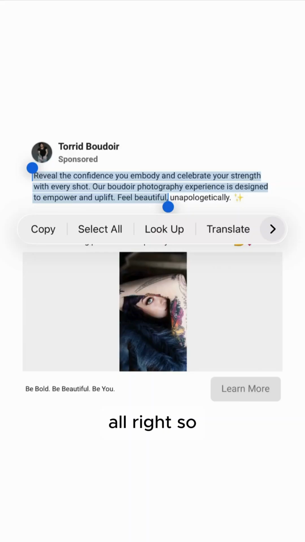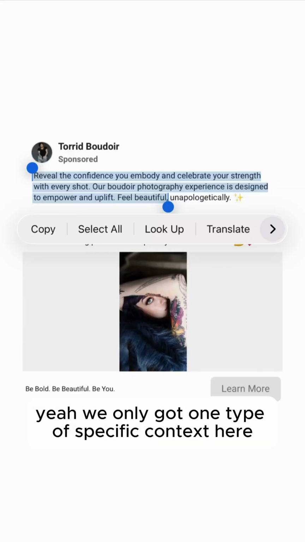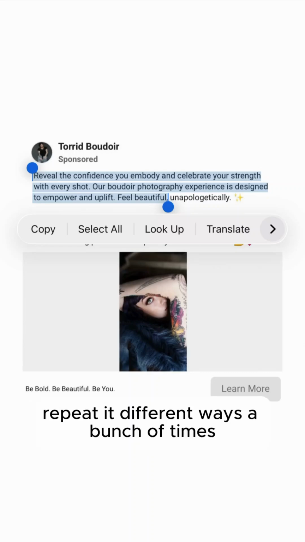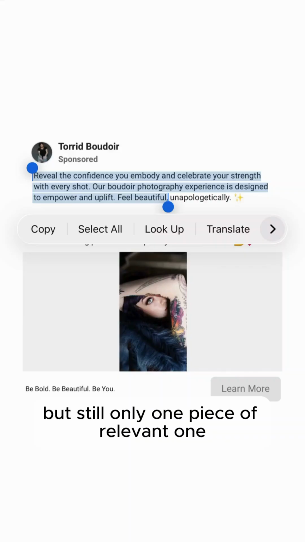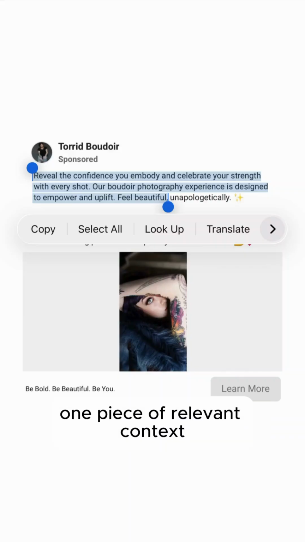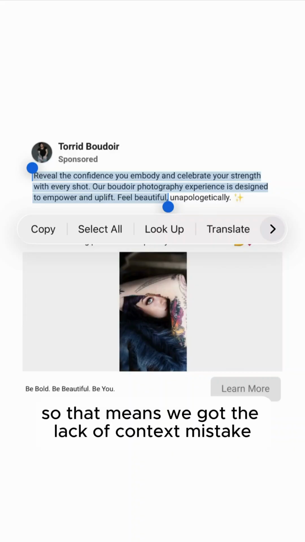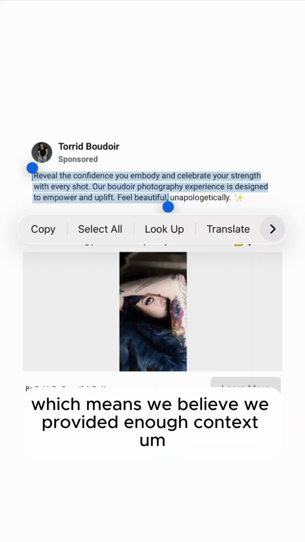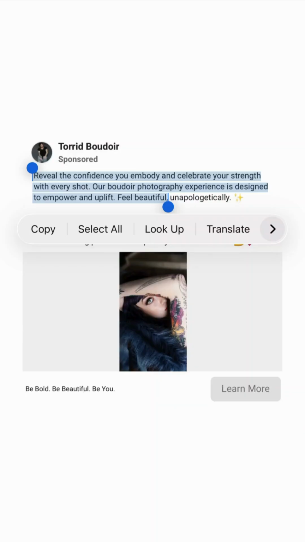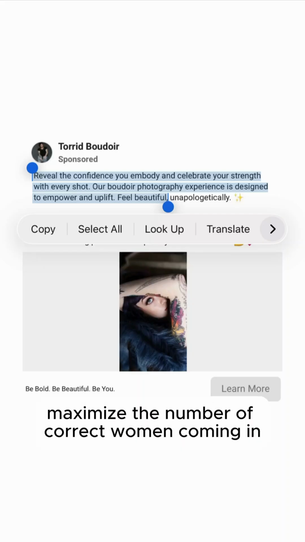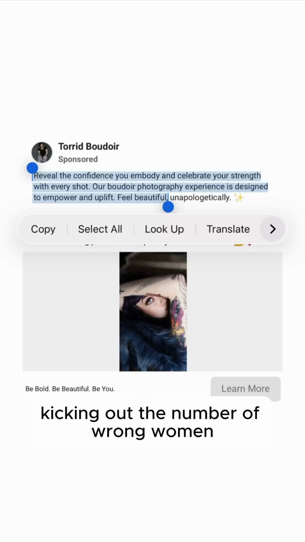All right, so yeah, we only got one type of specific context here. Repeated different ways a bunch of times, but it's still only one piece of relevant context. So that means we got the lack of context mistake, which means we believe we provide enough context to maximize the number of correct women coming in, kicking out the number of wrong women.